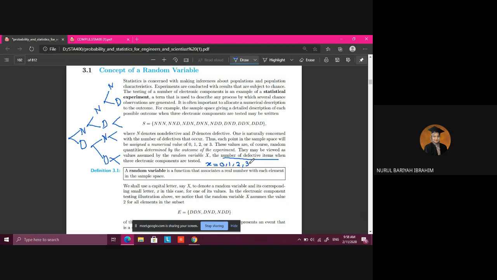How do you know why it does not go up to 4? It cannot be 4 because we only use 3 electronic components. If you look here, the sample space only goes up to 3 defective. It cannot reach 4. Because of that, you must first know what your experiment is, what the sample space is, and then determine your random variable.